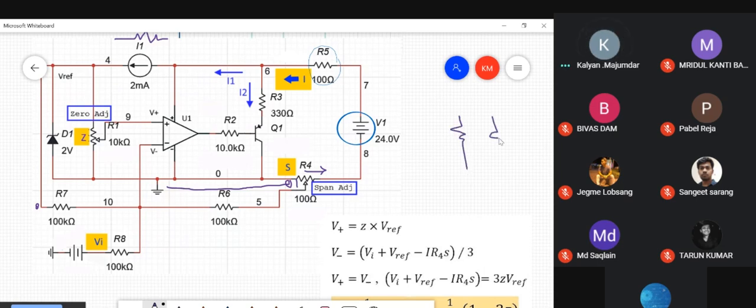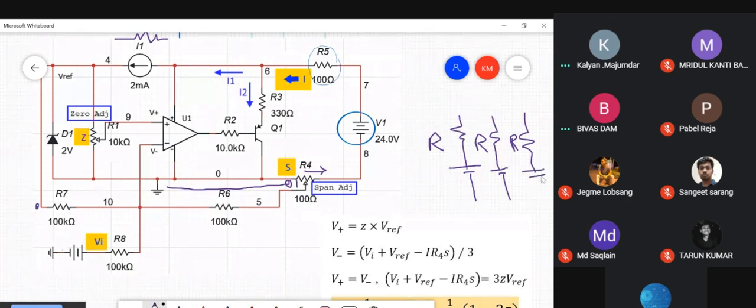Resistance 1, resistance 2, let all the three resistances be identical, just to make things simpler. Let this be V1, let this be V2, let this be V3.